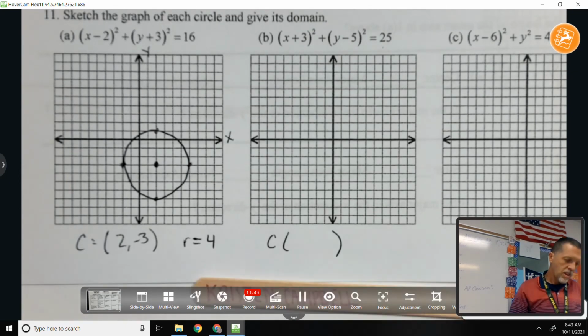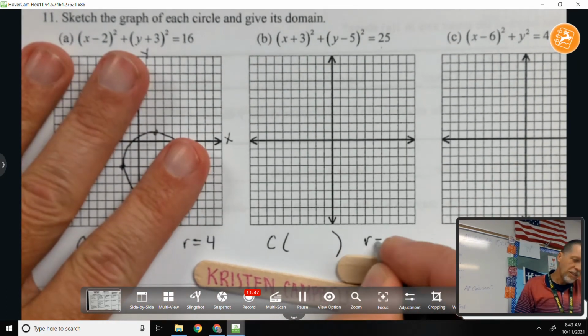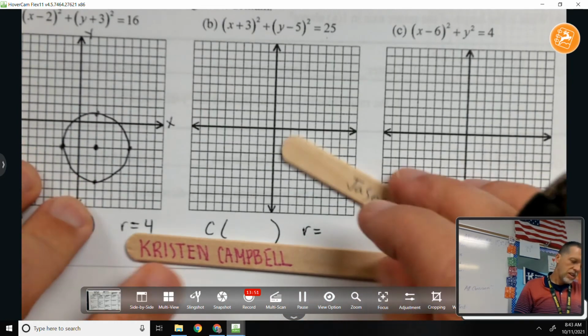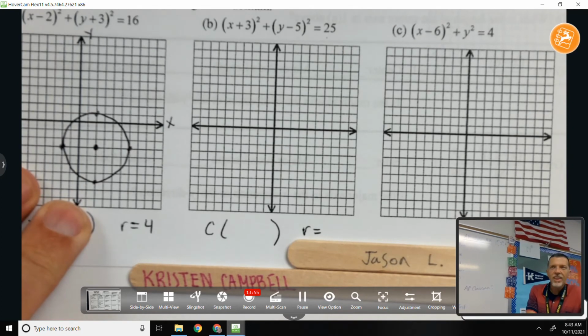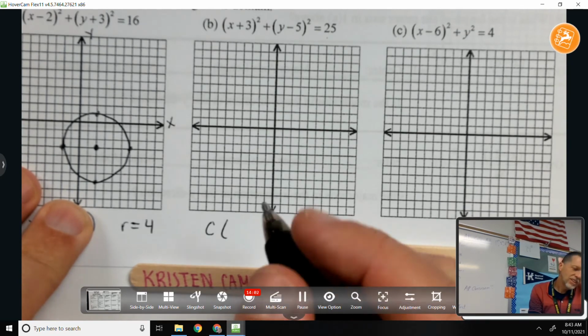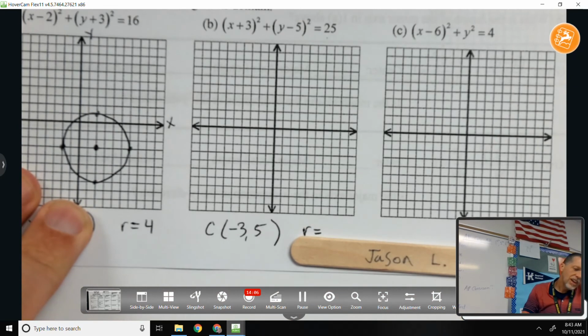All right, next one. Cruising through these today, which is good. Nothing wrong with that. And more volunteers. Voluntold. Kristen, hiding way back in the back over there. How about the center of that circle? Good. And Jason, the radius? 5.